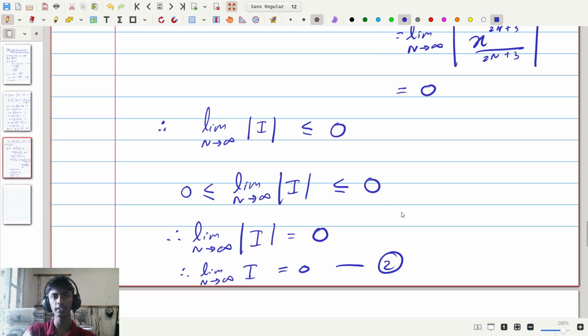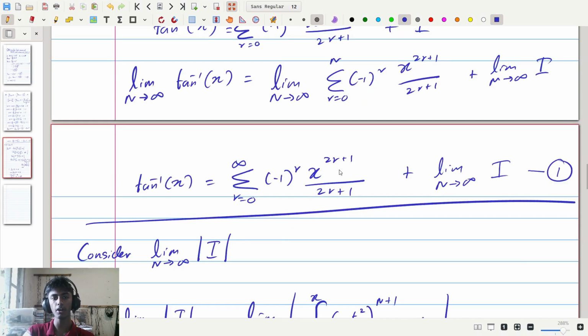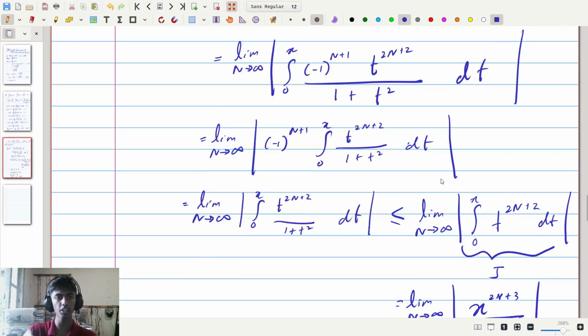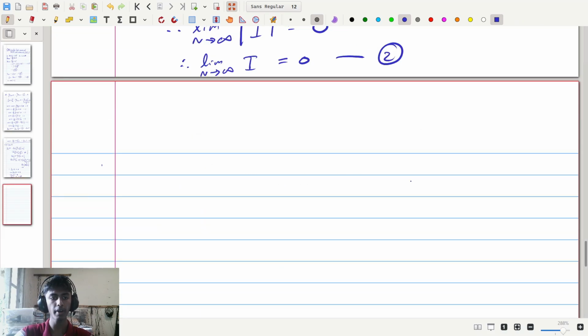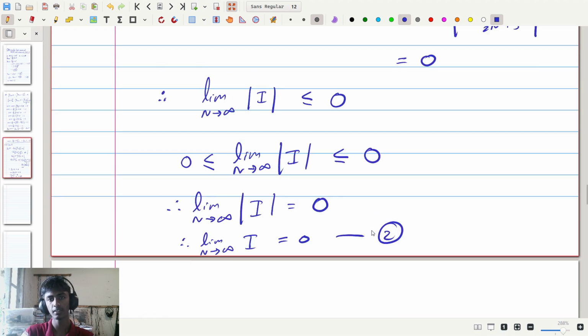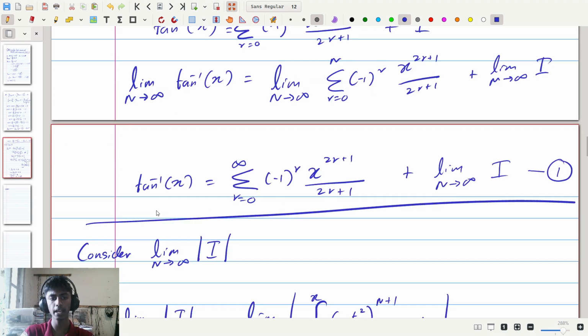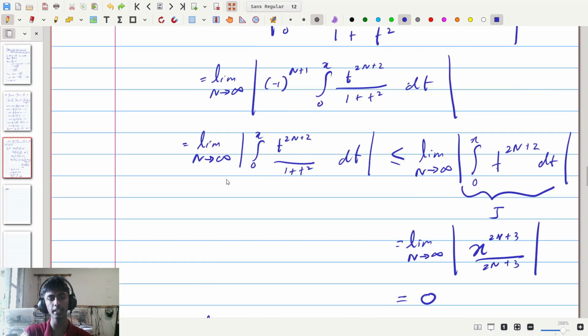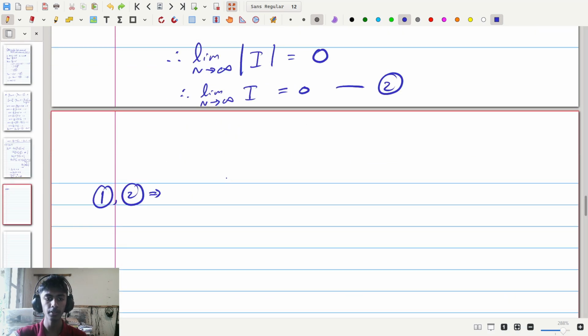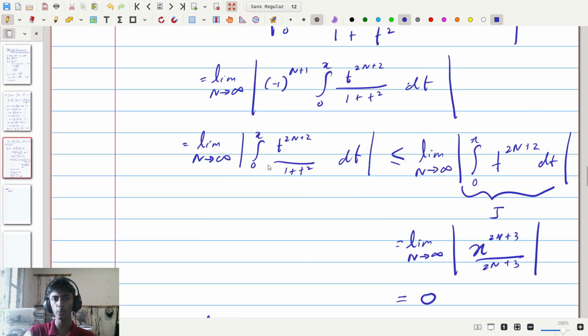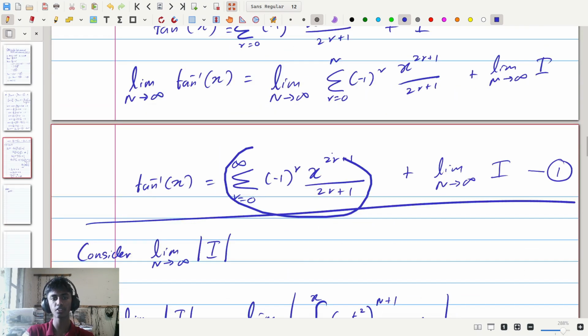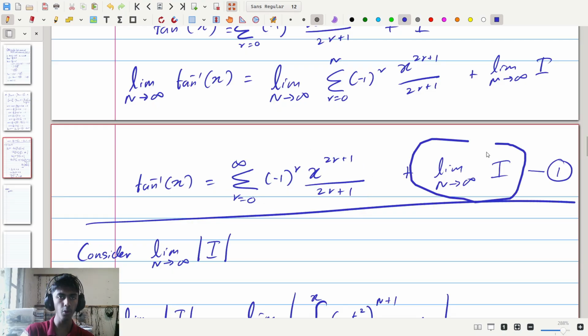We have now proven that that extra integral part's limit as n approaches infinity is equal to 0. Let's now combine it with our first expression. Combining 1 and 2, on 1 what we had was on the left tan inverse x, so I can write tan inverse x equal to, and on the right side what we have is this sum here plus this thing which we now know is equal to 0.